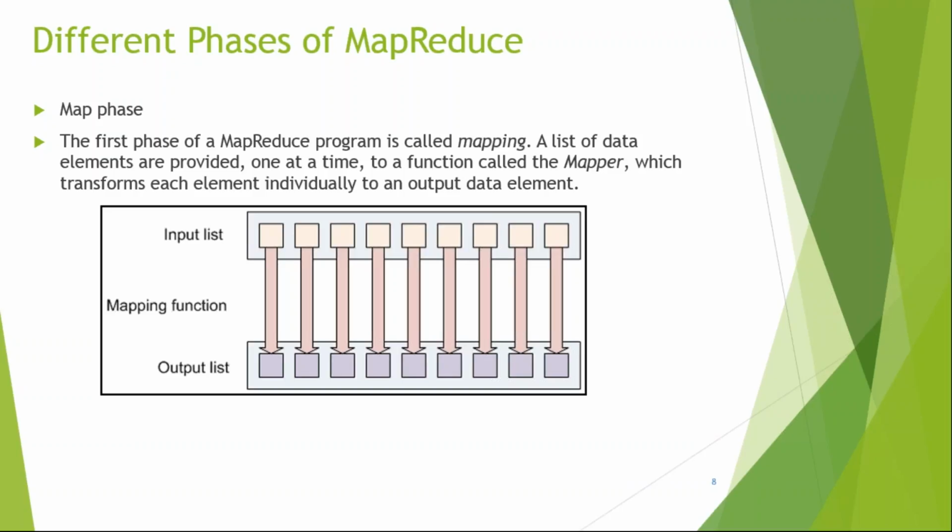That output will be written to local disk again. It will not be kept in the cache memory or the RAM. The output of the mapper will go to the data node's local disk. This is very important, guys. Please try to understand. Whenever the map logic is completed on a specific data block, the output will go to the data node's local disk, the data node's hard drive.